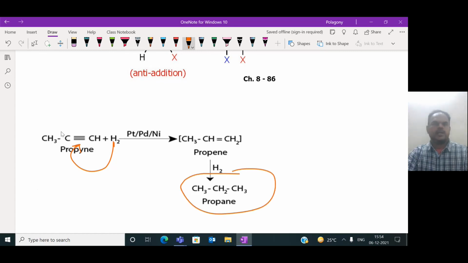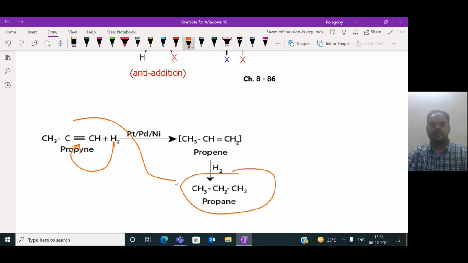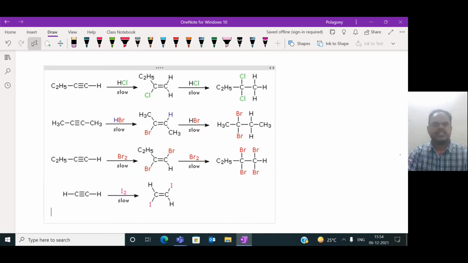That means alkynes can be converted into alkanes when subjected to hydrogenation in the presence of platinum, palladium, and nickel. This also comes under electrophilic addition of hydrogen.